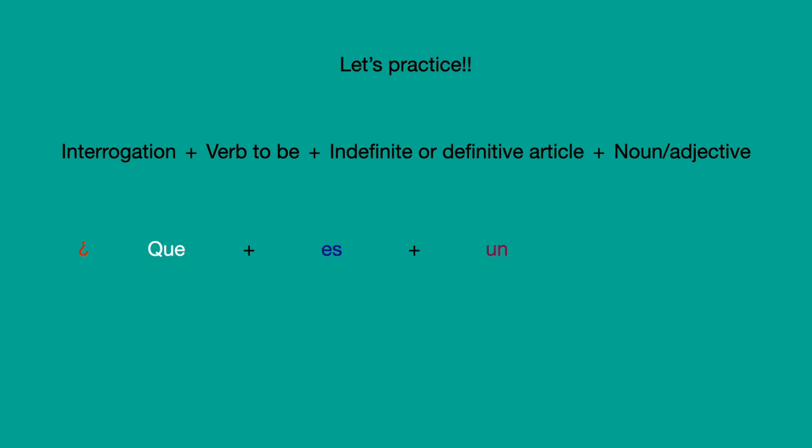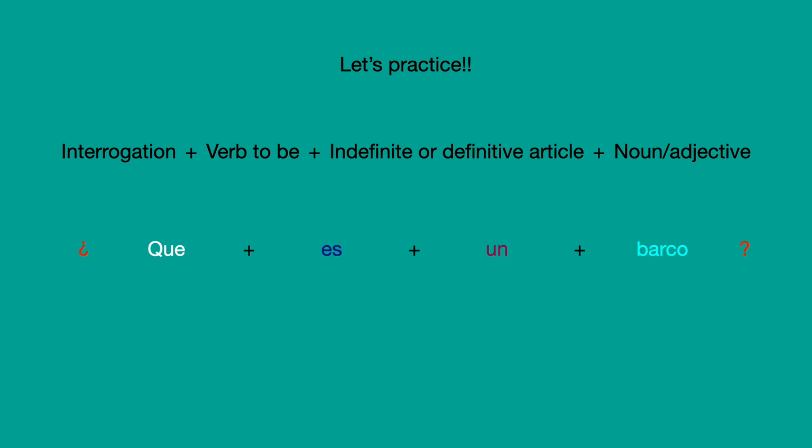We were already practicing that. Plus a noun. In this case, I'm going to use a barco, a boat. Or you can use something different. It could be a TV, it could be a school, it could be anything, right? And then at the end, we are going to close the mark. So here we have, ¿qué es un barco? And that was a question.